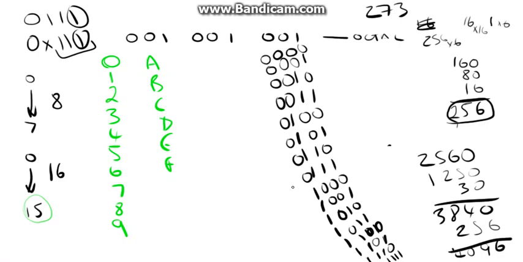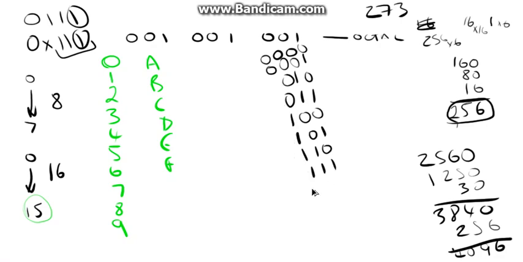Right, let me go back a bit. So that's 15. So you know that if we've got 4 ones across in binary, it's now going to represent 15. I don't think I'm going to get far enough back on this.